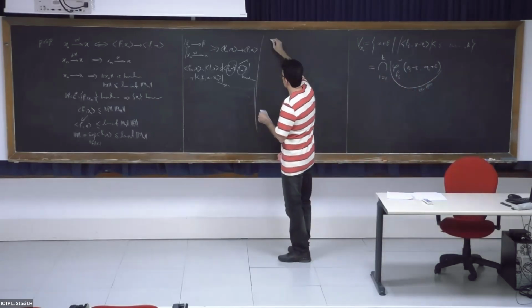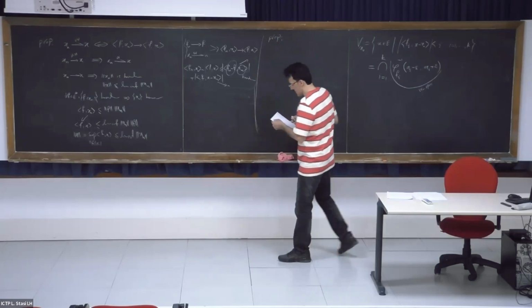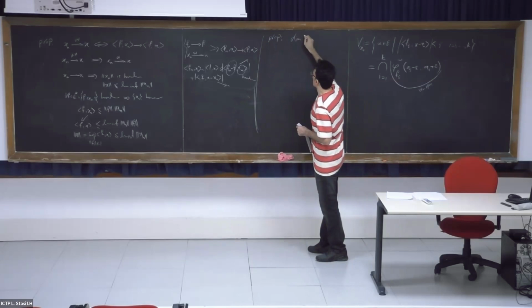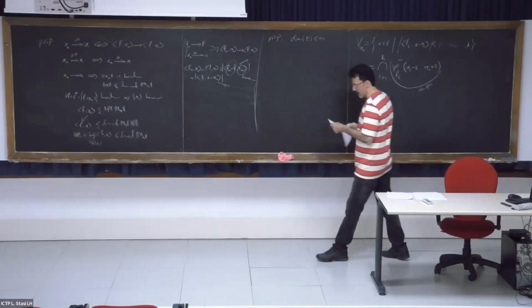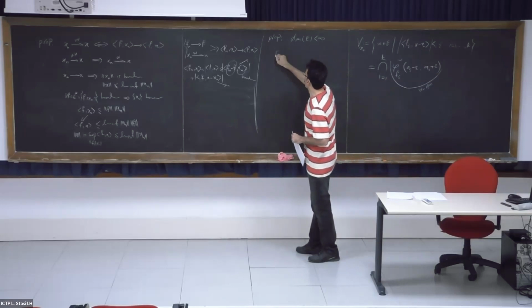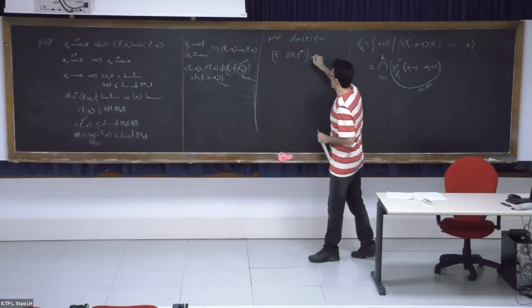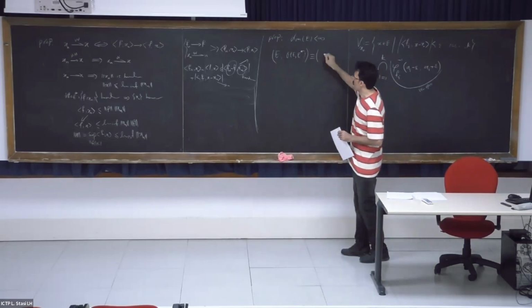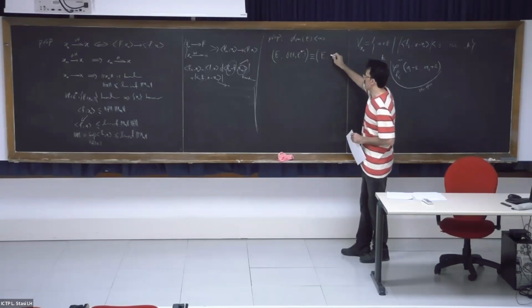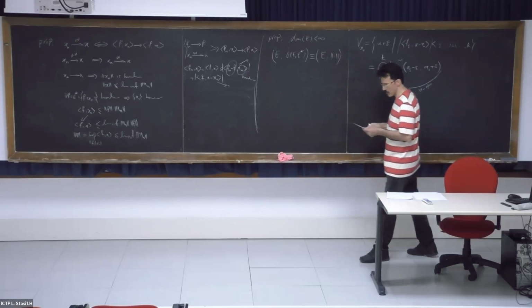This proposition exists for finite dimensional space. If E is finite dimensional, then the weak topology is the same as the norm topology.